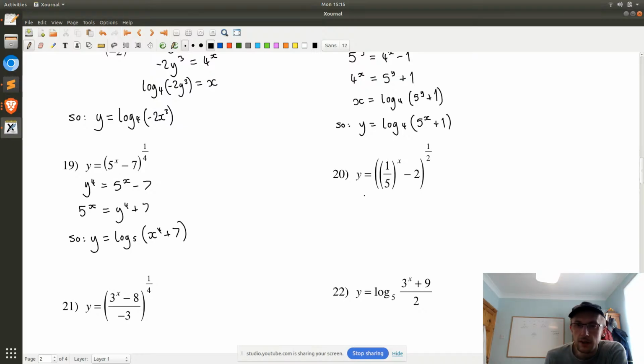Square both sides. Add 2 to both sides. And beg your pardon, log base 5 of both sides, and swap the variables.